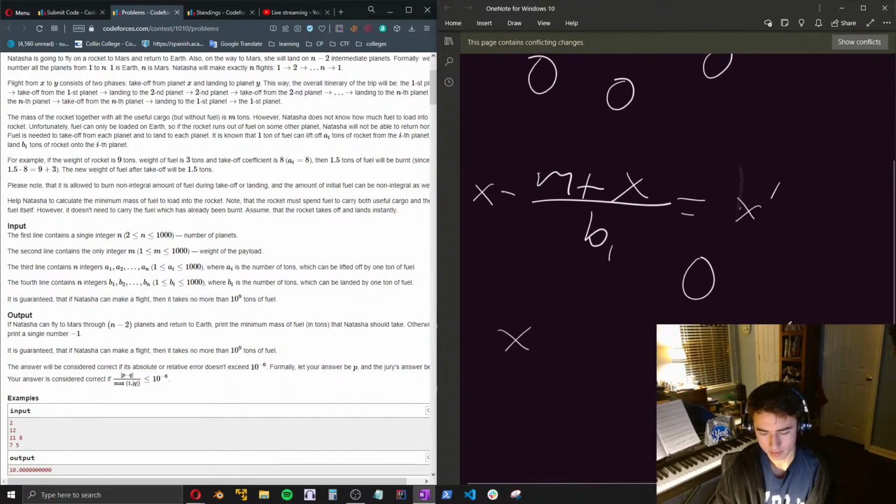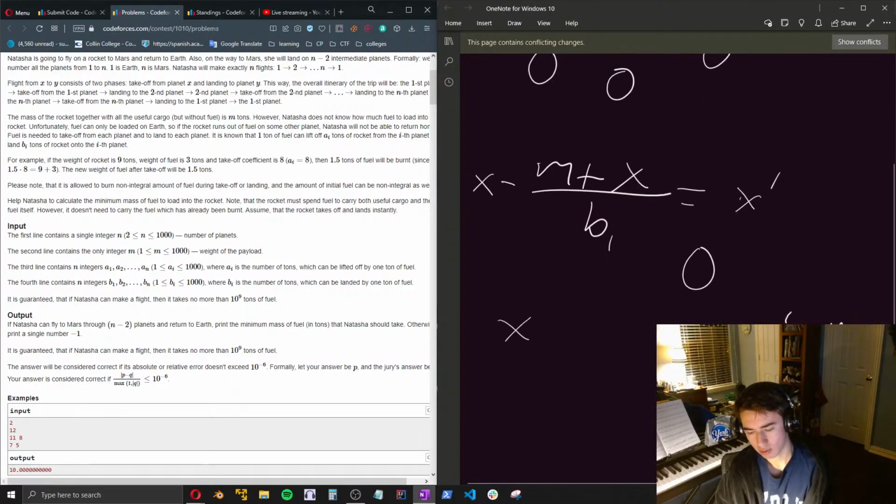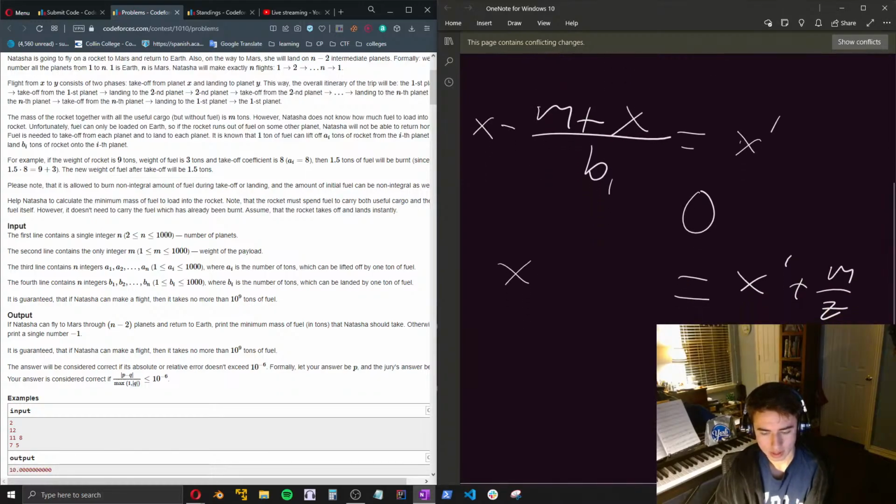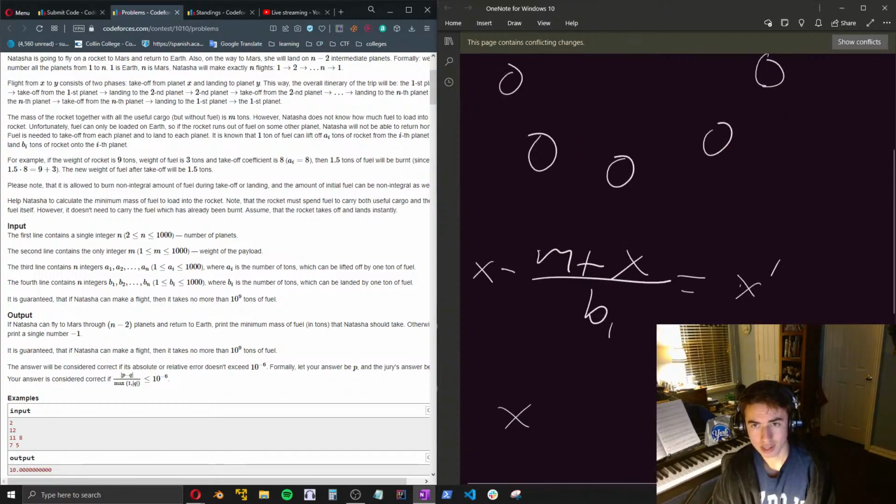So we'll add X prime, which is 0, plus M over B1, divided by (1 minus 1 over B1), and then we'd add whatever that is plus M over A_n, divided by (1 minus 1 over A_n). Hopefully that makes sense.